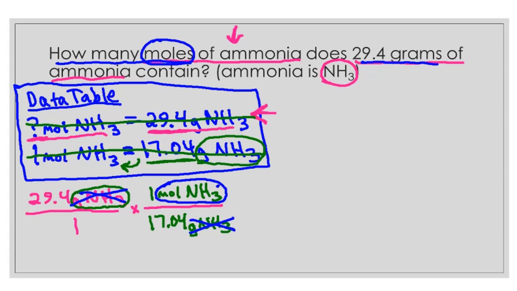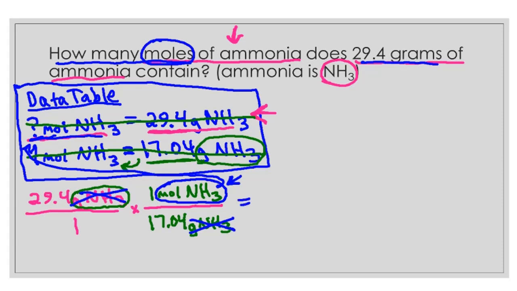Now, is that the question that we're asking? Let's go back to our question mark. And our question is, how many moles of NH3? So we have moles of NH3 left over as the leftover unit of measurement, and the question is moles of NH3. So we know we set up the problem right.